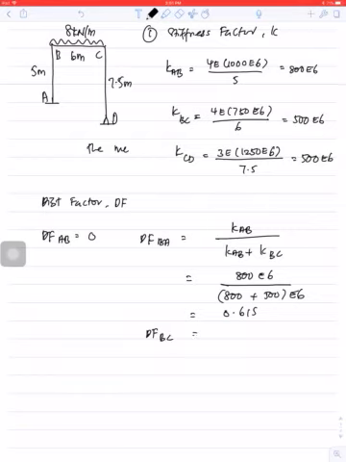The distribution factor for BC is equal to 1 minus DFBA, which is equal to 0.385.